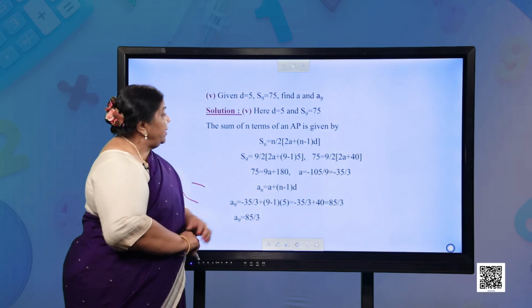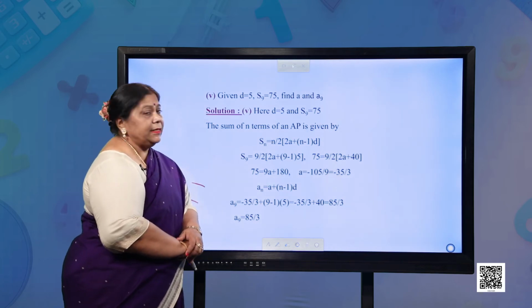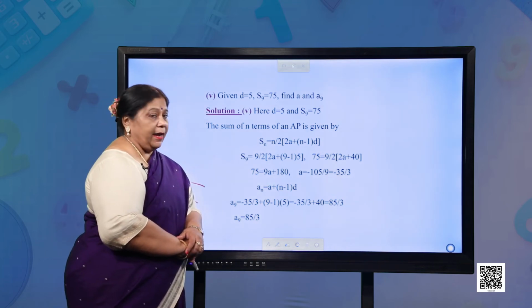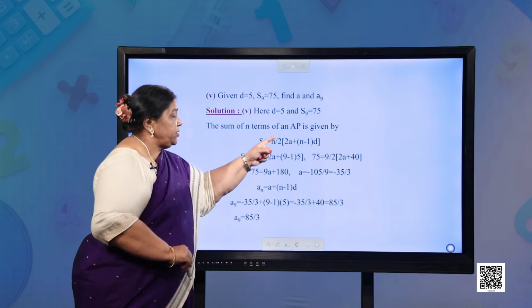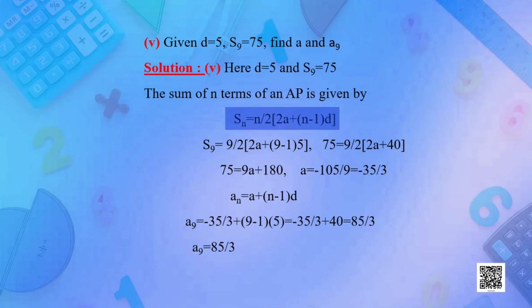Here, given D is equal to 5, S9 is 75, find A and A9. Here, the sum of n terms of an AP is given by Sn is equal to n upon 2 into 2A plus n minus 1 into D. On substituting the values, S9 is equal to 9 upon 2 into 2A plus 9 minus 1 into 5, that is, 75 is equal to 9 upon 2 into 2A plus 40.